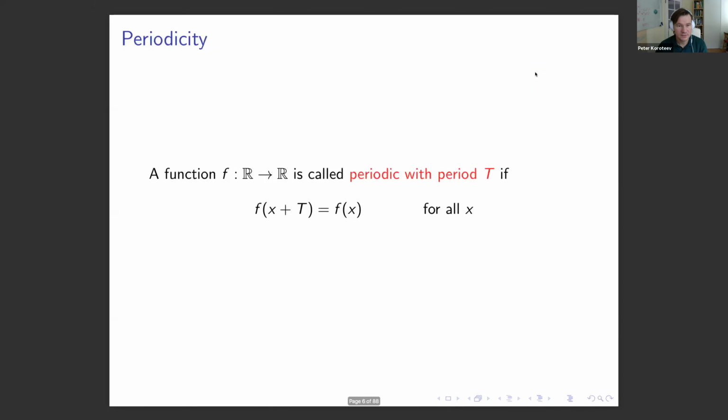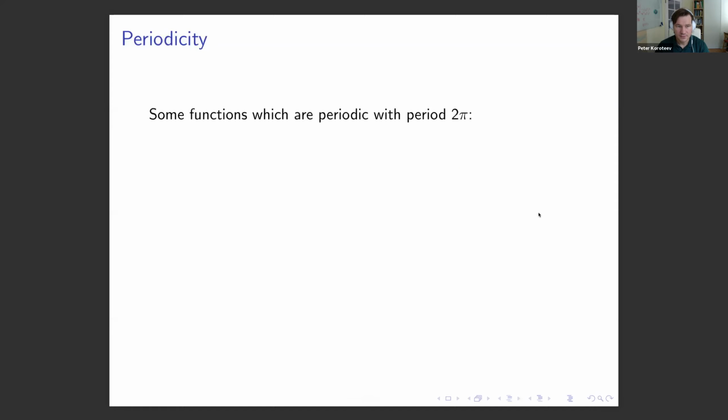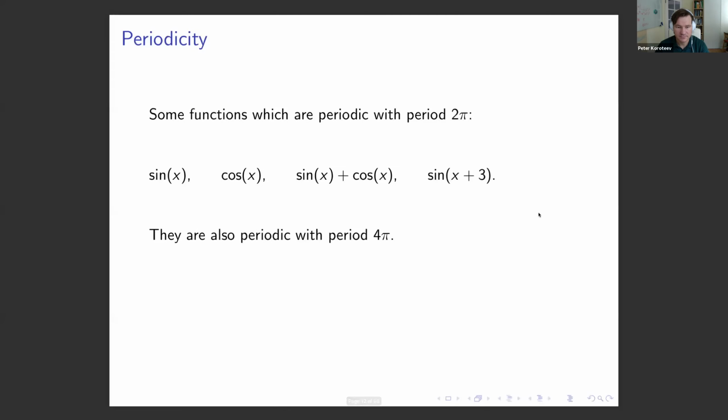So let's review the idea of periodicity. A real valued function f from R to R is called periodic with period T if f of x plus T is equal to f of x for all x. Some functions are periodic with period 2 pi: sine x, cosine x, their combinations, shifted functions, and so on.